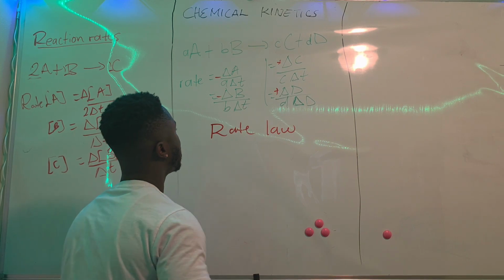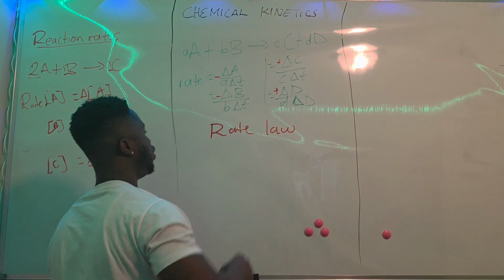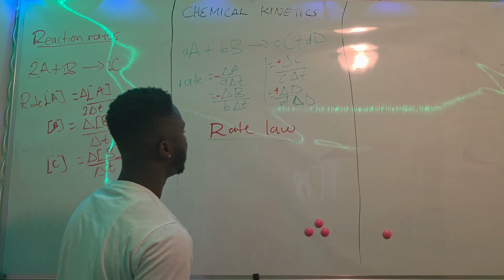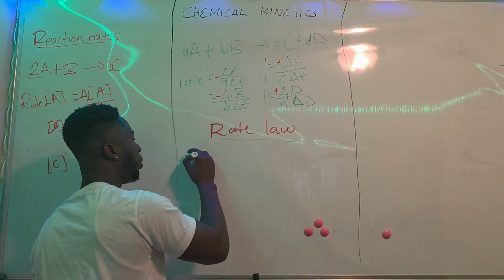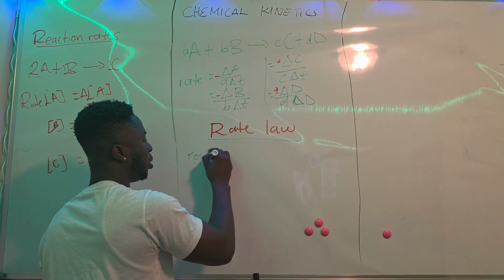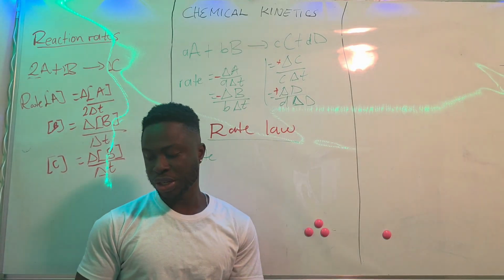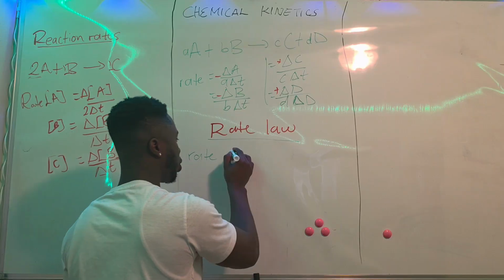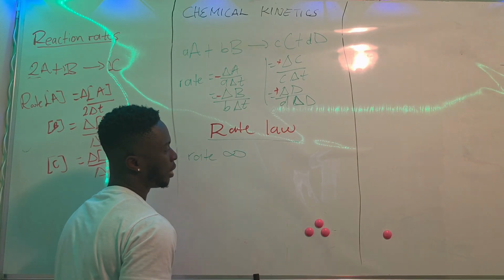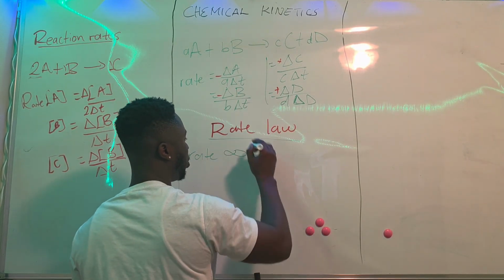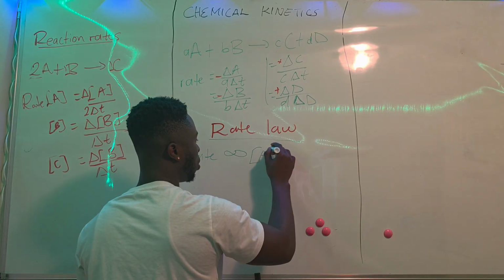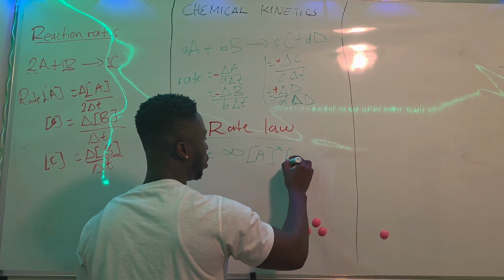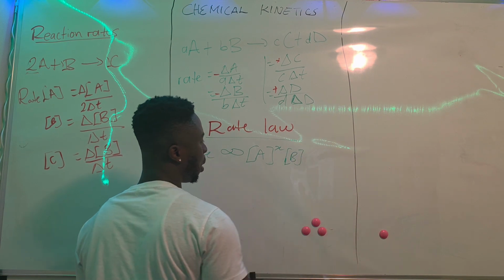But for the rate law, still considering this generic reaction over here, we can say that the rate law or the rate expression is directly proportional. This is how I write a proportionality sign. It's proportional to the concentration of A to some order, and the concentration of B to some order.